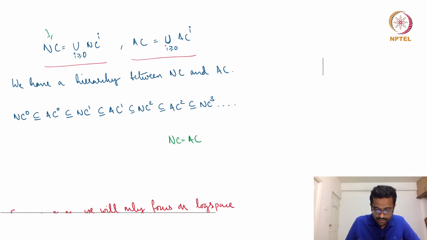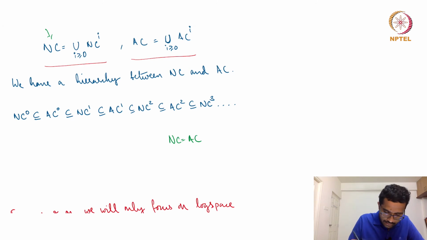So I'll just write down: NCi is contained in NCi+1, this is easy, and ACi is contained in ACi+1, this is also easy, right?